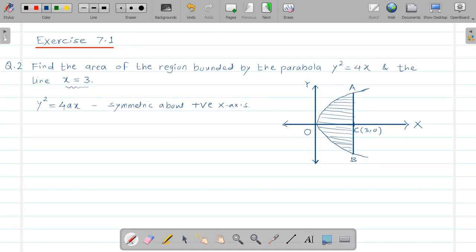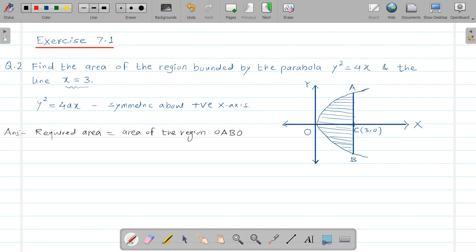Okay, so in answer how will you write now? If you have the figure, rough diagram, then you will write the required area here is equal to area of the region OABO.